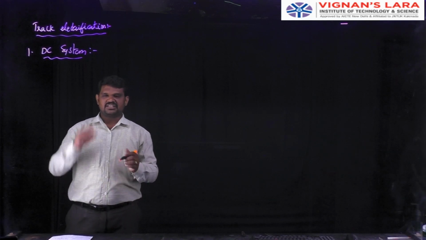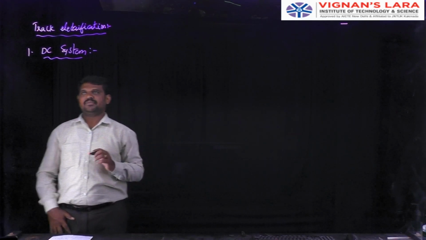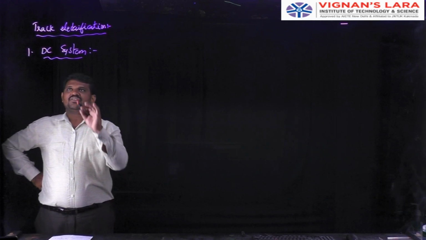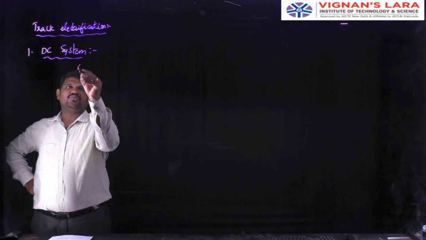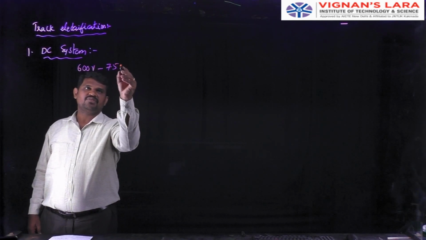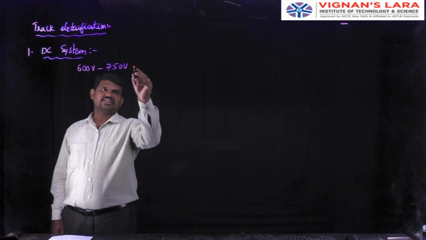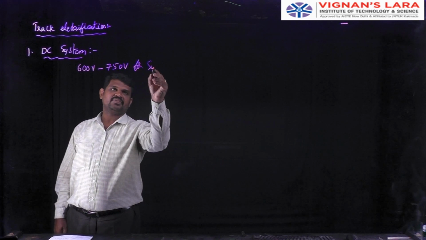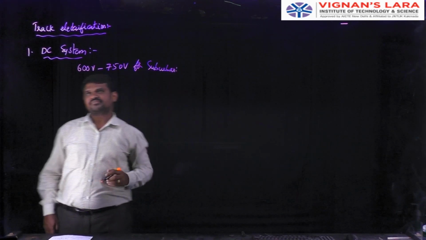Or you can run two conductors also, based on the requirement. In the DC system, the voltage range is normally 600 volts to 750 volts, and 750 volts for suburban systems.